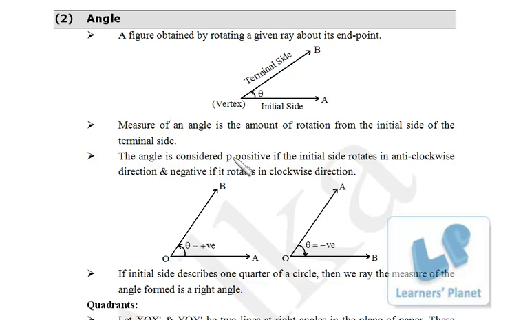Now the angle is considered positive if the initial side rotates in anti-clockwise direction, and negative if it rotates in clockwise direction, right? You can see this direction of rotation, right? Here it is going in this direction, so this is positive, and here it is rotating in this direction, so this is negative, right?